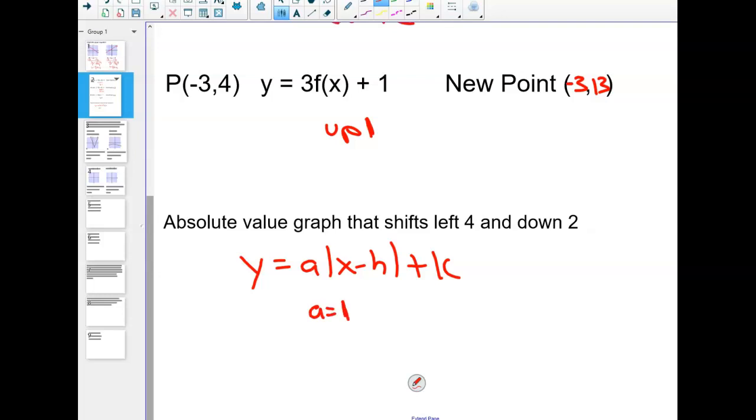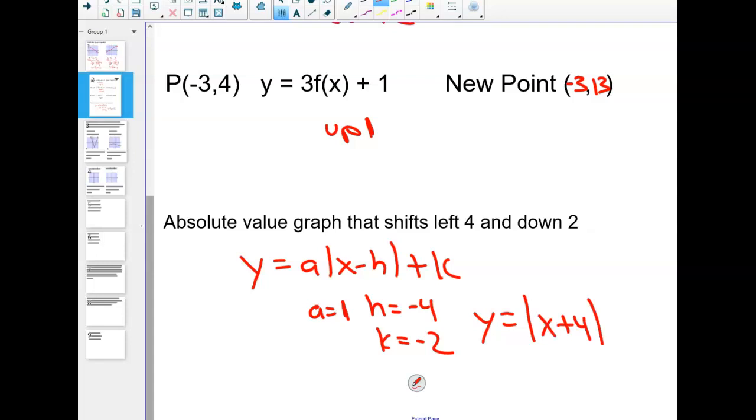If I'm shifting to the left 4, that means my h, my vertex, is going to be negative 4. And I'm shifting down, that means the k vertex point is going down 2. So when I write this in the formula, y equals, I don't need to write 1 in for a. What is x minus a negative 4? x plus 4.